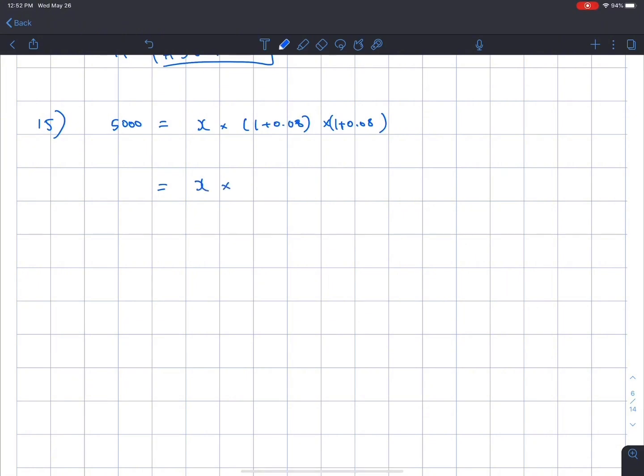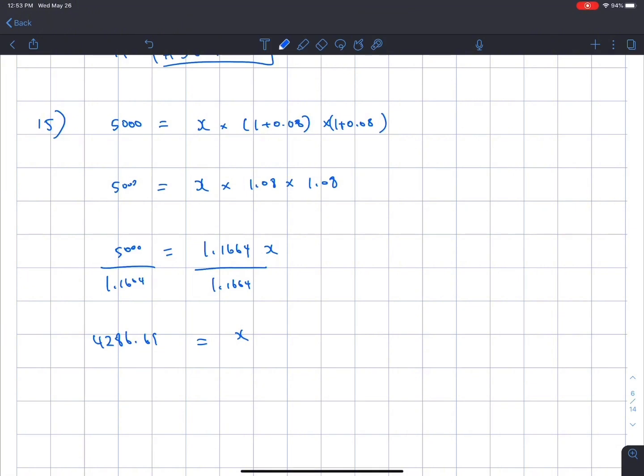So this is X times 1.08 times 1.08 equals 5,000. And then we can type this into the calculator. 1.1664 times X equals 5,000. And now we divide both sides by 1.1664. So we get X equals $4,286.69. So that's how much they need to invest.